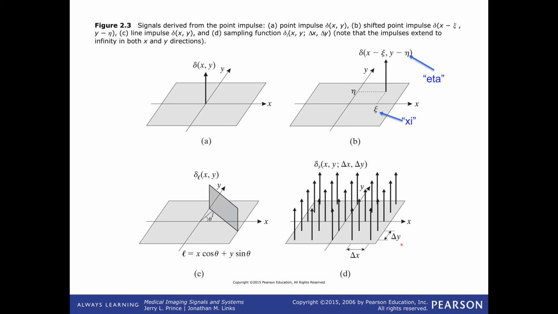And this is the way this function is used mathematically when we need to sift out those discrete points from the object. So if we want to sample a function at specific locations, we use a delta function that has deltas separated by some kind of sampling rate. And this is what's done in all digital imaging and what's done in all digital music, for that matter.